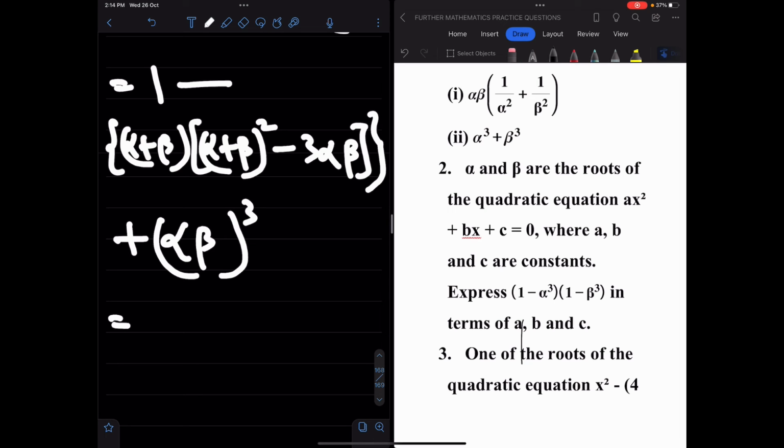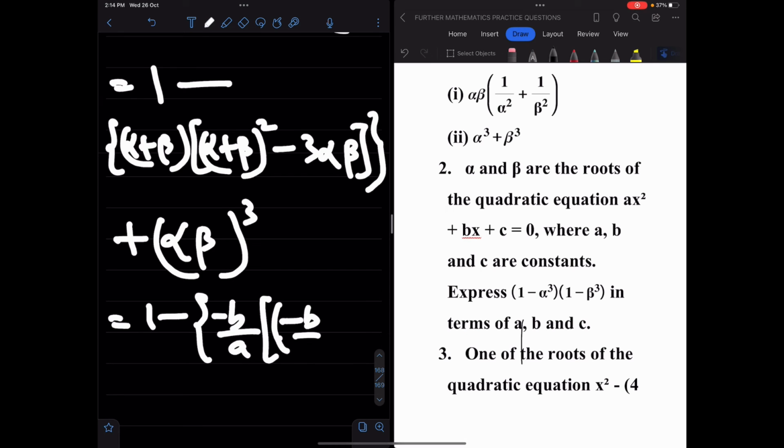Alpha plus beta is minus b over a. That's 1 minus open bracket minus b over a. We're finding it in terms of a, b, and c. Minus b over a into bracket the square of minus b over a.